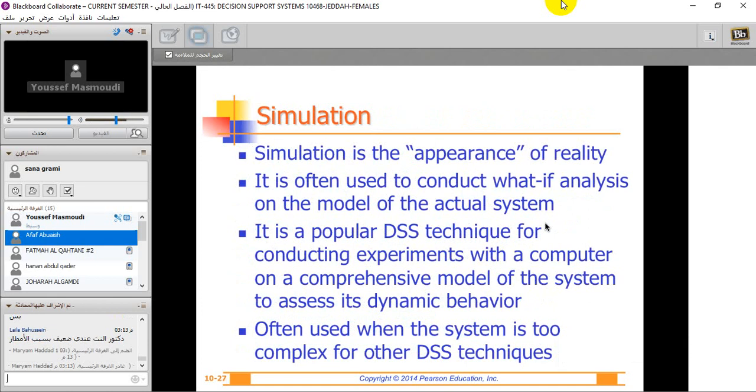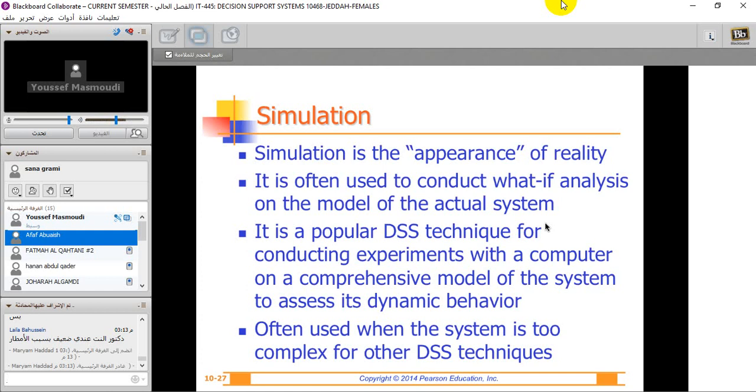Let's talk now a little bit about simulation. Simulation, that's when you want to simulate a problem by some parameters and you want to see the results, the effect of the values of your parameters on the final solution. So simulation is the appearance of reality. It is often used to conduct what-if analysis on the model of the actual system.